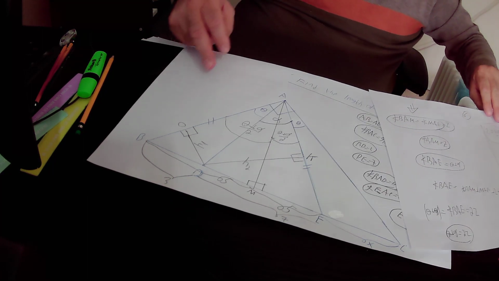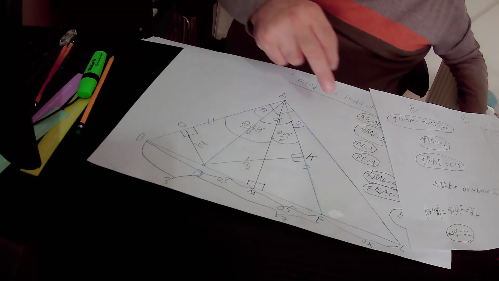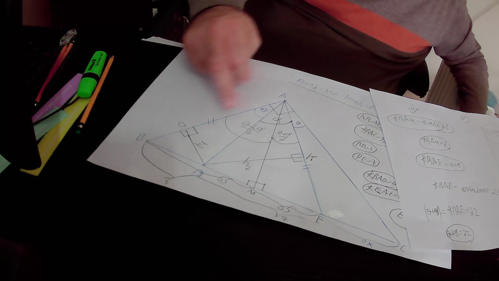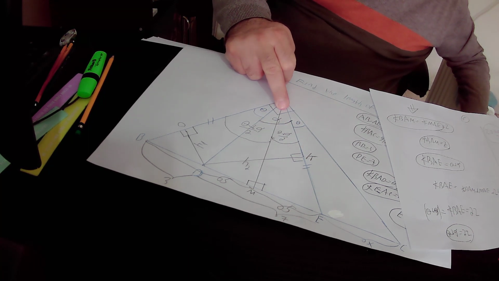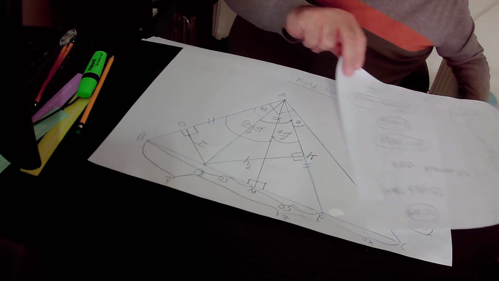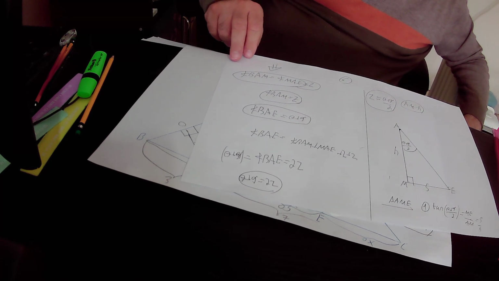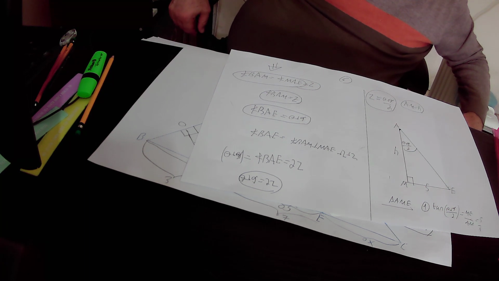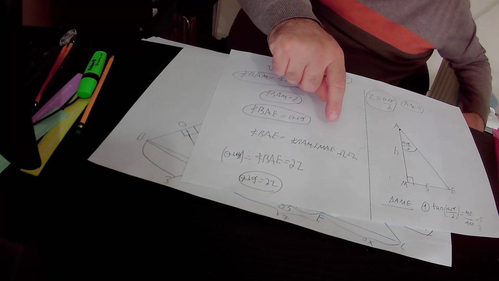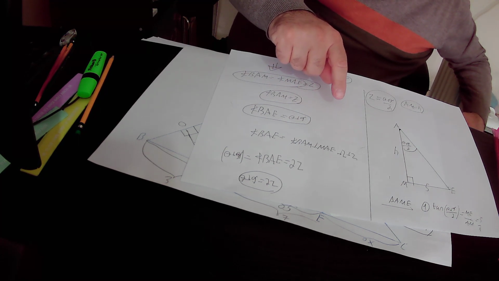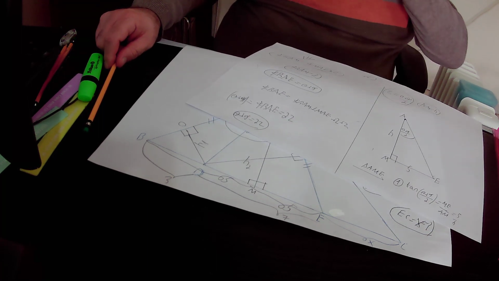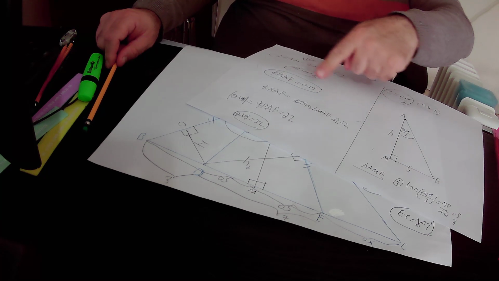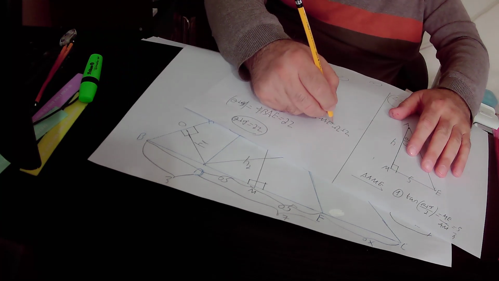So from one side, the value of angle BAE, you can see it from the drawing, equals theta plus alpha. But from the other side, we have already found out that angle BAE equals angle BAM plus angle MAE equals Z plus Z. So from the other side, angle BAE equals 2Z.